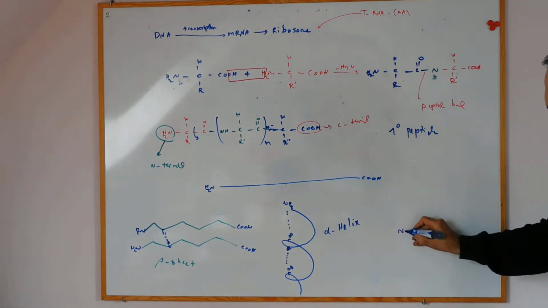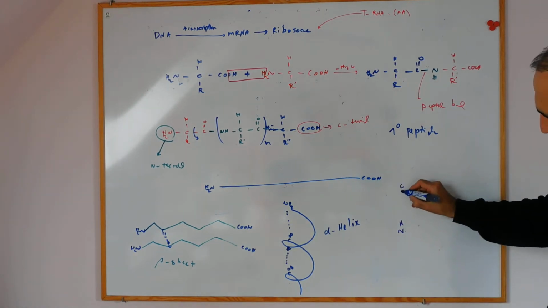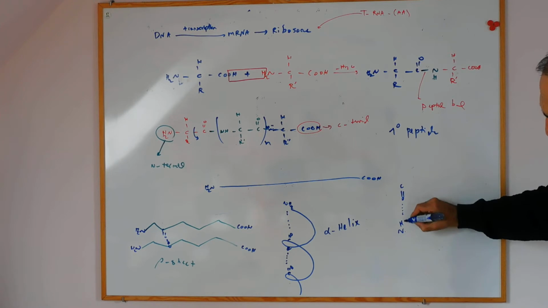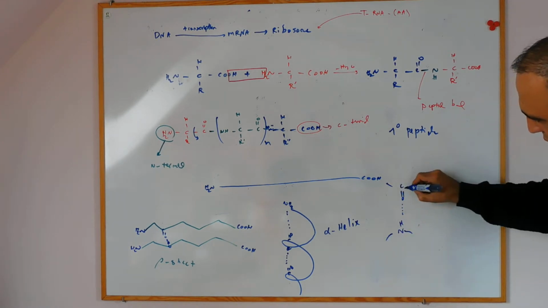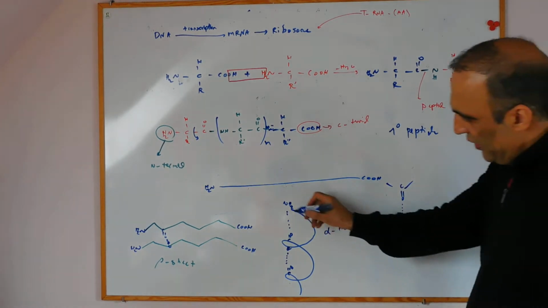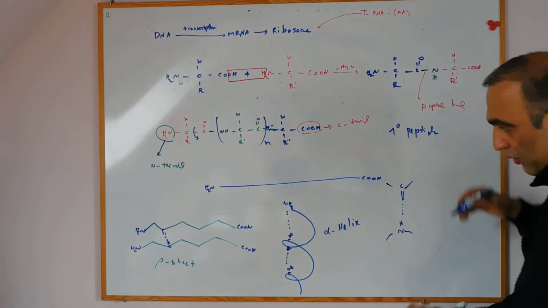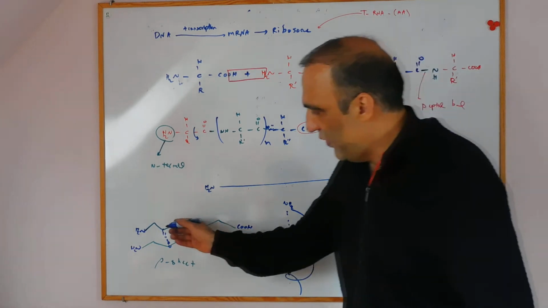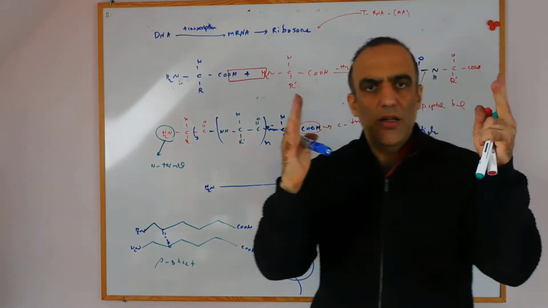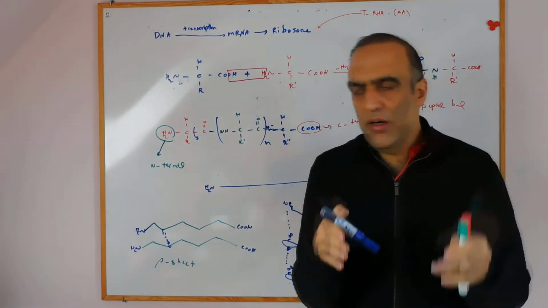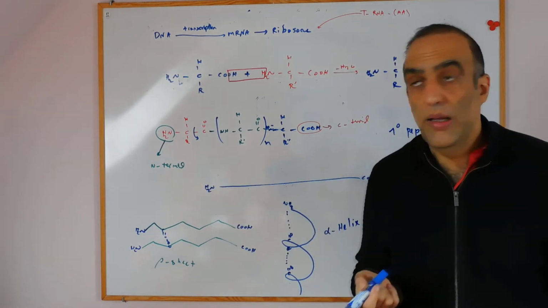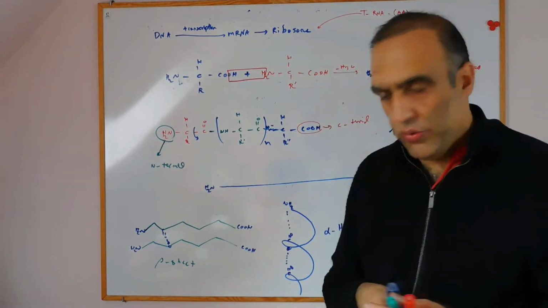I draw it again here, NH and CO. It is a hydrogen bond. If it is between the first and fourth, this hydrogen bond will be alpha helix. If the strands are opposite each other and make a sheet, like paper, we call it a beta sheet. It's very important.